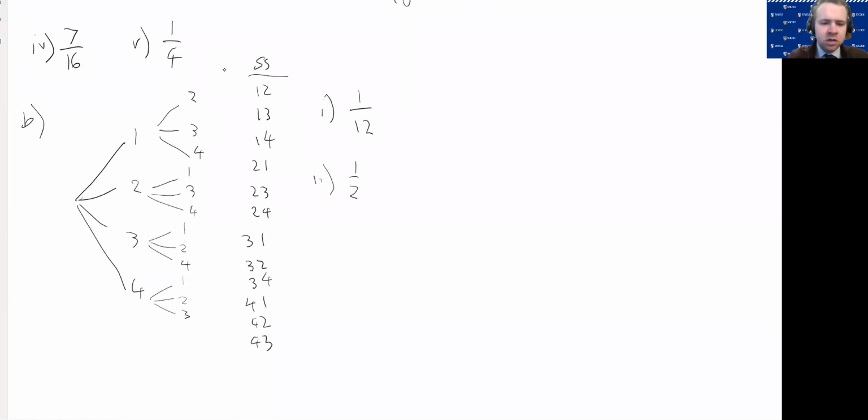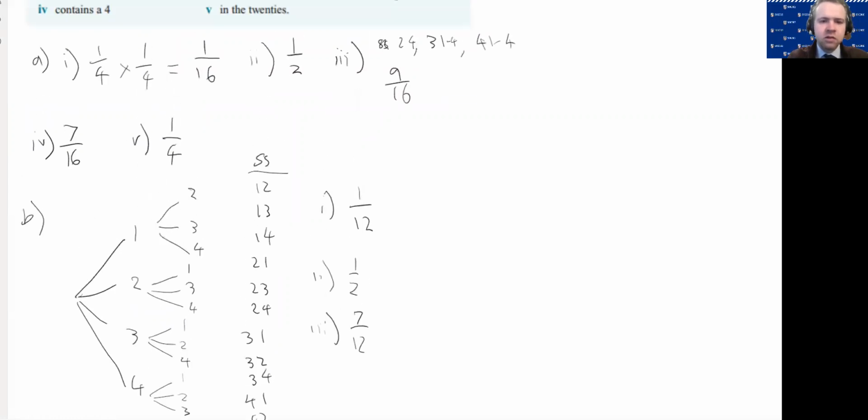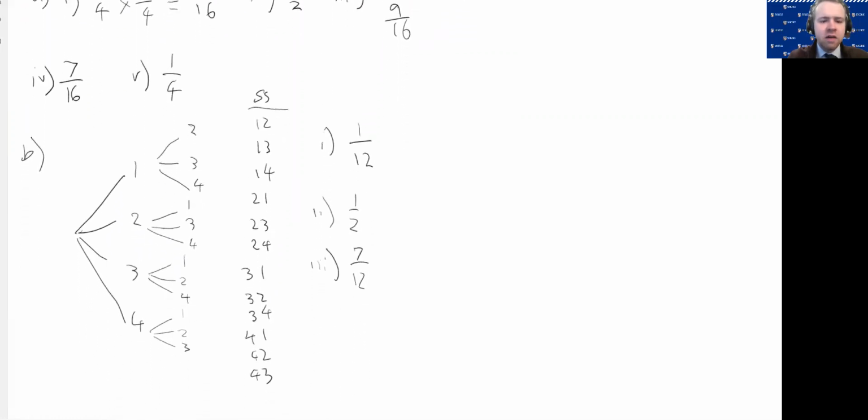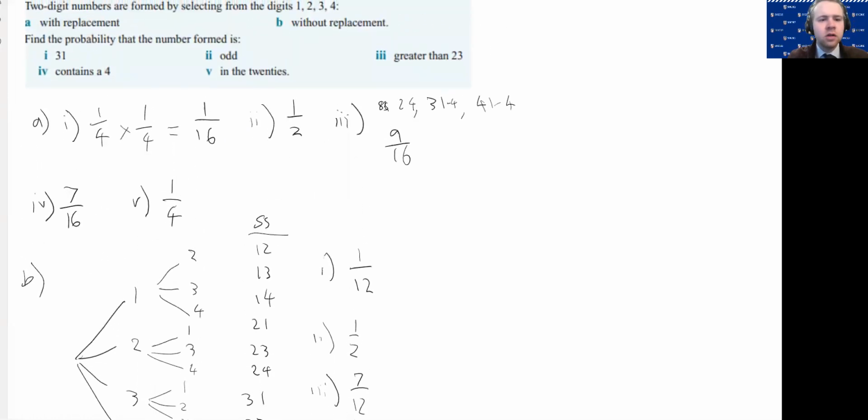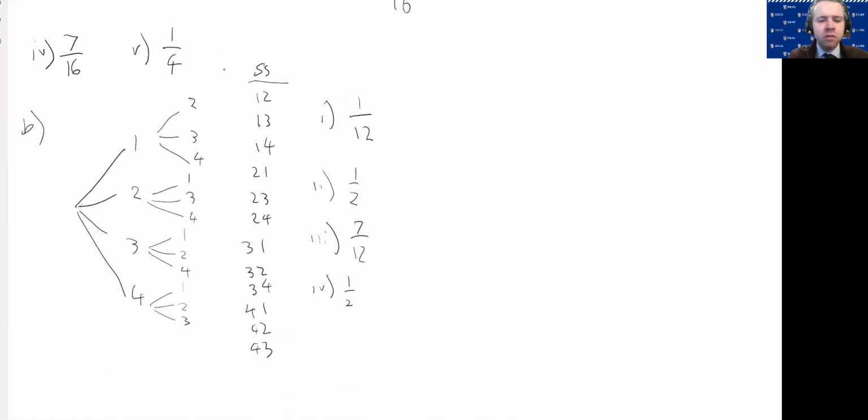So we've got 1, 2, 3, 4, 5, 6, 7 out of 12 that are greater than 23. Contains a 4. So we've got 1, 2, 3, and then 3 more. So 6 out of 12, which is the same as 1/2. And then in the 20s, we've got 3 out of 12, which is a quarter.